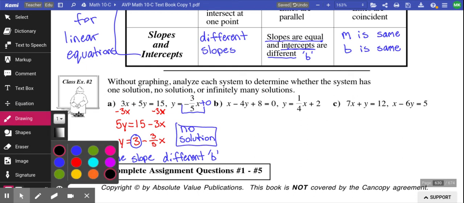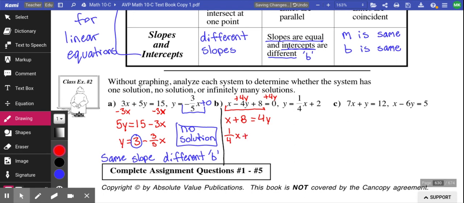Awesome. If we look at question 2, the first equation, if you reordered it into y equals mx plus b form, the way I would do that is I would actually add the 4y to both sides. So I had x plus 8 equals 4y. And then I would divide both sides by 4 to get 1 over 4x plus 2. Uh-oh. My screen is freezing. Plus 2.